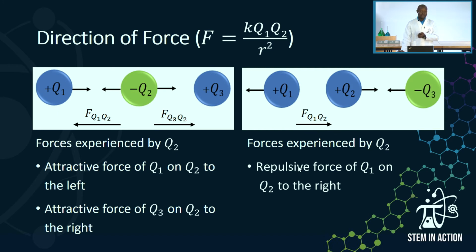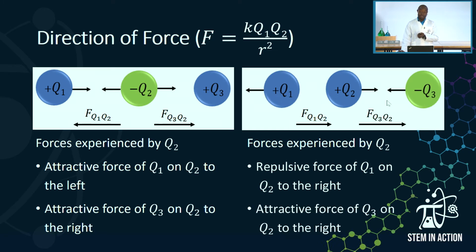So repulsive force of Q1 on Q2 to the right, because of the charge on Q1. Then at the same time, Q2 is experiencing a force to the right because it is being attracted to Q3, which is of an unlike charge, right? So attractive force of Q3 on Q2 to the right.